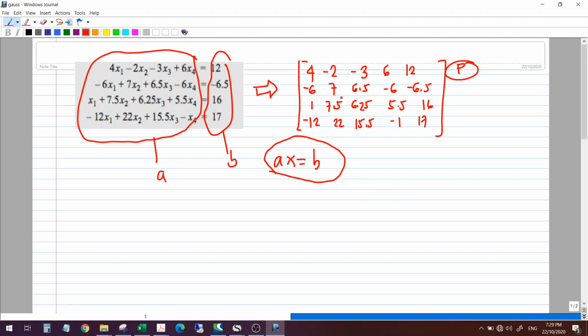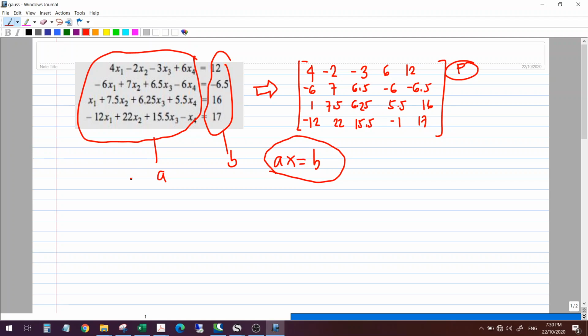Since the idea is to transform this original matrix into an upper triangular matrix wherein below the diagonal is 0, on my first pivot my goal is to make this negative 6 as 0. So I'll rewrite that first.